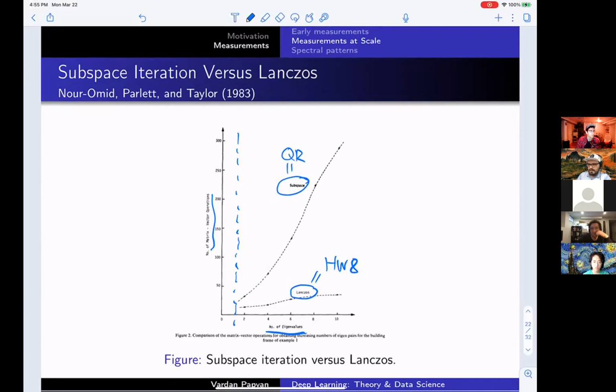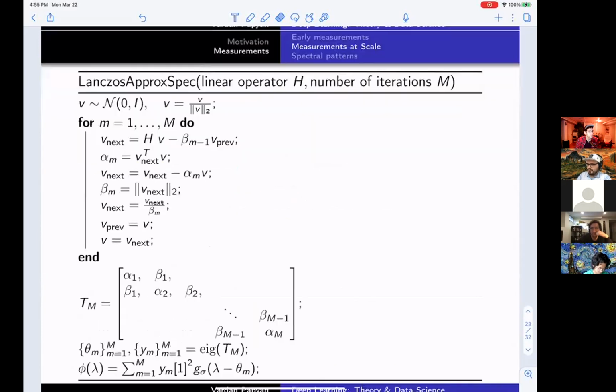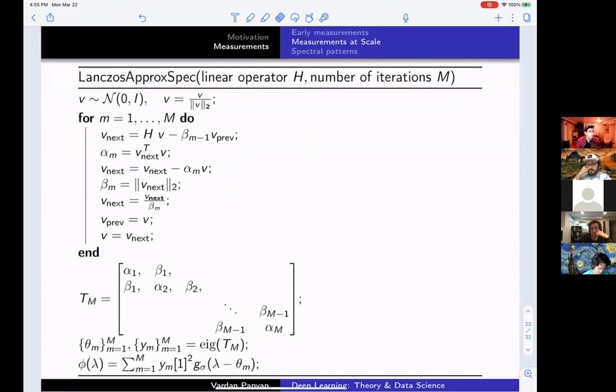Okay. Now, at this point, you're probably wondering to yourself, what is this Lanczos algorithm that is so good, right? So here's the Lanczos algorithm. Let me explain to you roughly what this algorithm is doing. Roughly, this algorithm, as I said earlier, is calculating the top eigenvalues of a matrix.